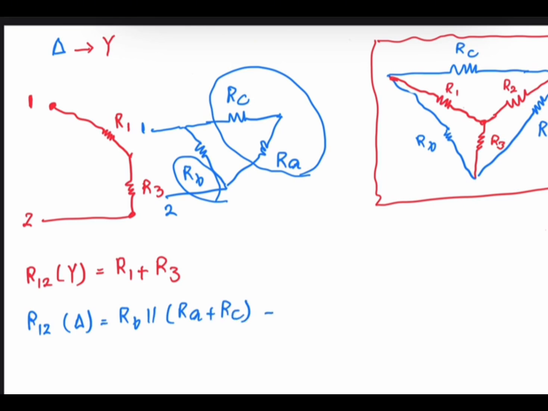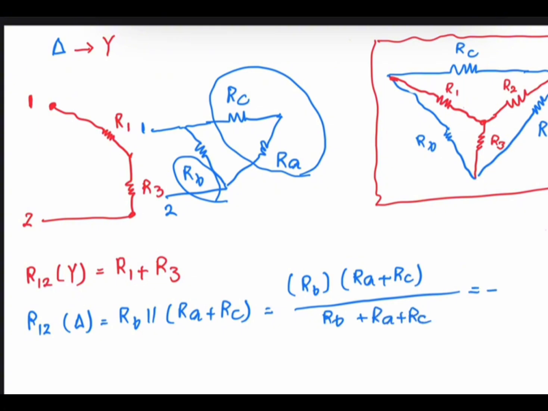I can write this as the product of RB and RA plus RC over RB plus RA plus RC. So I can write this as RA RB plus RB RC over RA plus RB plus RC.